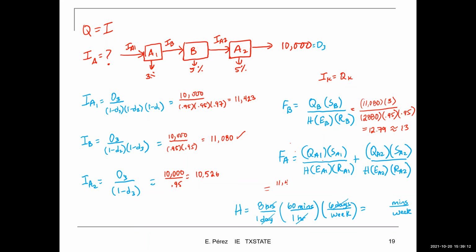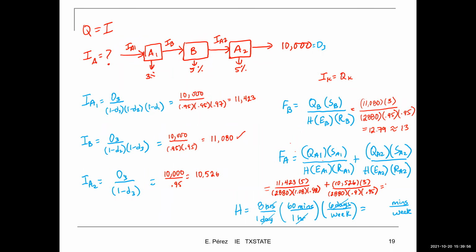It's 11,423 times 5 divided by 2,880 times 1.08 times 0.98 plus 10,526 times 3 divided by 2,880 times 0.9 times 0.95.